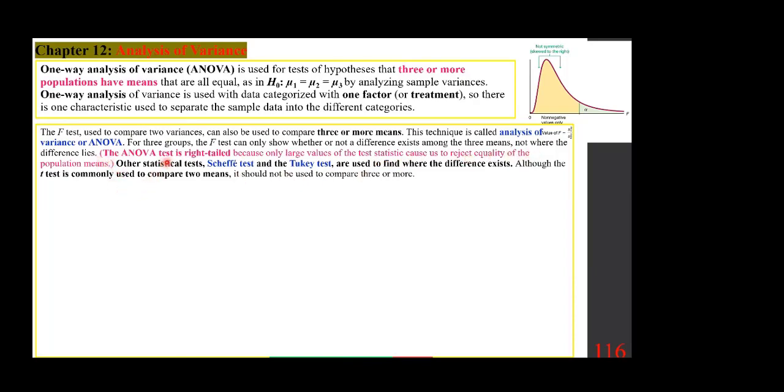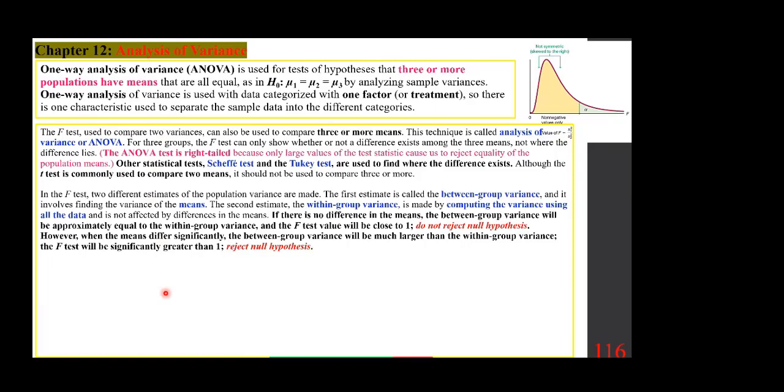The ANOVA test is right-tailed because only large values of the test statistic cause us to reject equality of the population means. Other statistical tests, Scheffé's test and Tukey test, are used to find where the difference exists. Although the t-test is commonly used to compare two means, it should not be used to compare three or more.